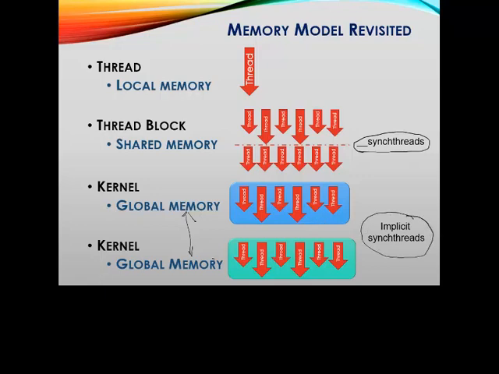So if you have multiple kernels that are launched one after another, the second kernel's threads will not run before all of the first kernel's threads up here, this blue kernel, are executed and finished. You can think of each kernel effectively having an implicit barrier at the end of its execution. So we will be sure that before these green threads belonging to the green kernel have access to the global memory, all the threads from the blue kernel up here are going to be synchronized effectively.